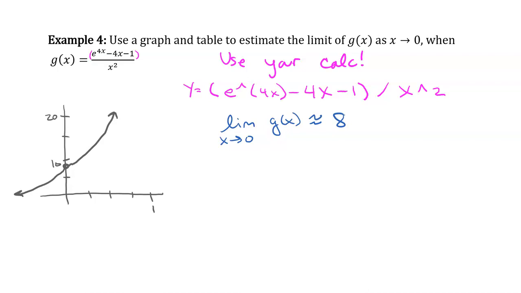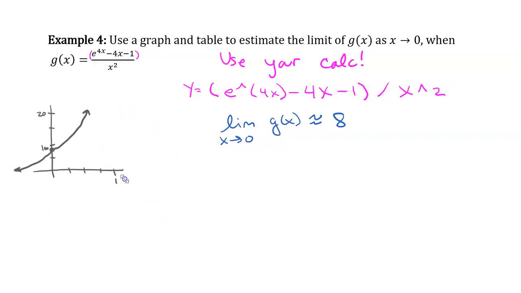Now, we say approximately because we're not sure. It's all fine and dandy to make our calculator do the hard part, but it's still an estimation because we can't really zoom in enough to get more than an estimation. So if we want something a bit more accurate, we're going to use a table.